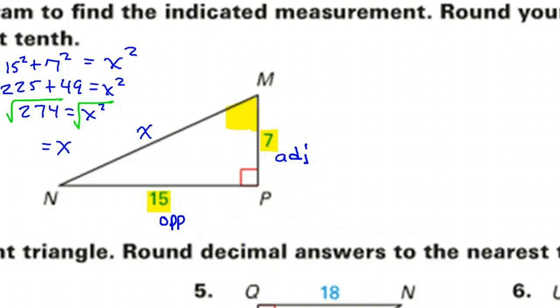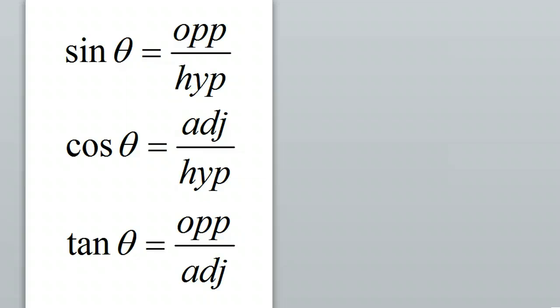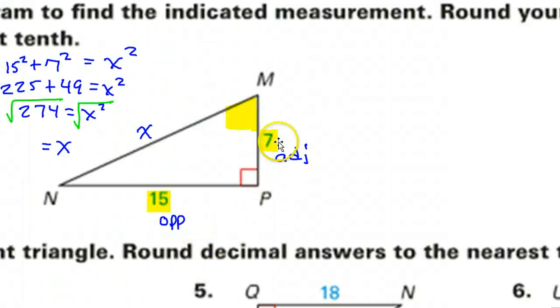So, we'll think about the trig functions and ask ourselves which one of these involves the opposite leg and the adjacent leg. Hopefully you can quickly see that tangent of an angle is opposite leg over adjacent leg. So that tells us to use the tangent function.